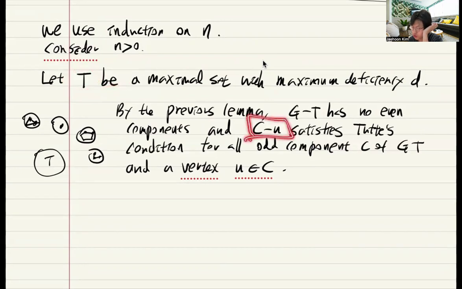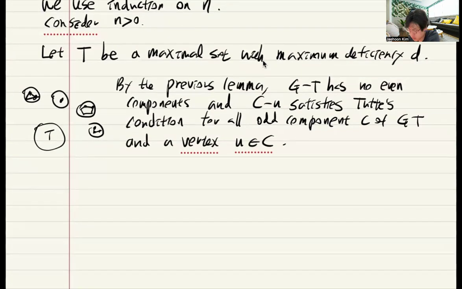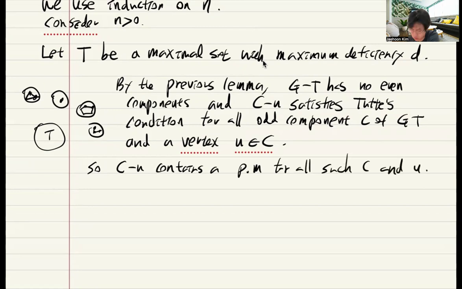This C minus U is always a graph smaller than G, and it satisfies the Tutte condition. So by the induction hypothesis, it contains a perfect matching. So C minus U contains a perfect matching for all such C and U.